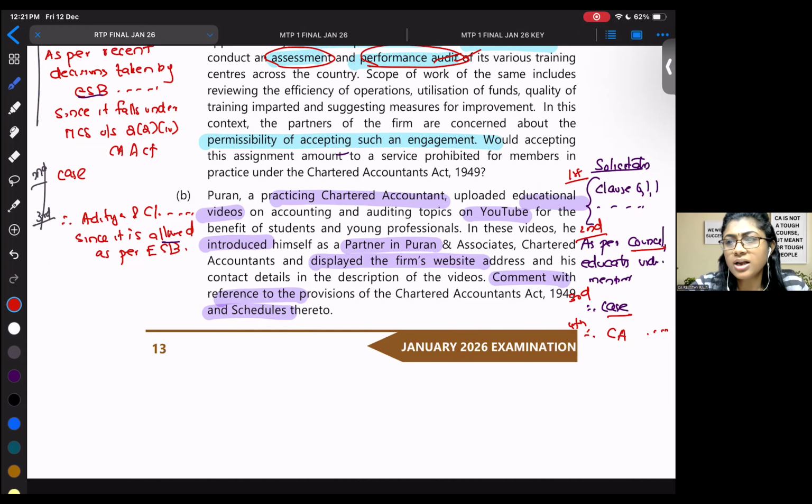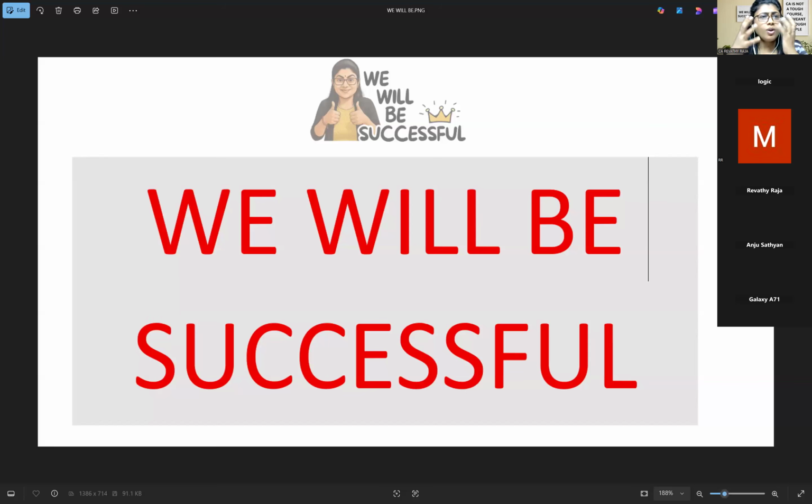Okay, guys. As a concluding thing, what I wanted to say is always think that we will be successful. Always think in your mind that we will be successful because we have to stay positive. Whatever said and done, negativity is there among CA students, which is not advisable, but always think positive and, like unstoppables, you have to continue.